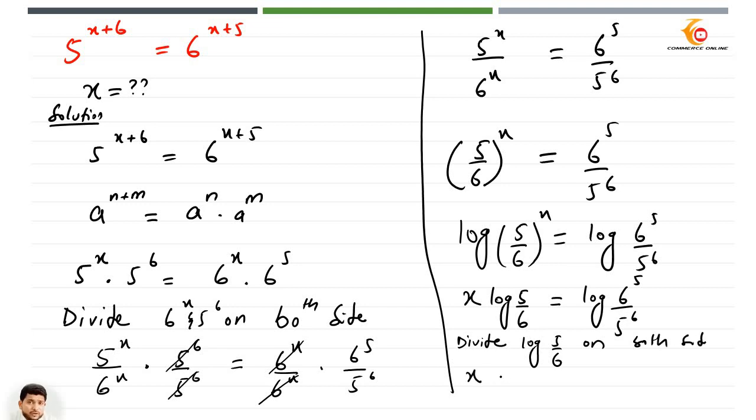So here I will get x log 5/6 divided by log 5/6 equals log of 6^5 over 5^6 divided by log 5/6. That will cancel both these values, and we're going to have x equals log of 6^5 over 5^6 divided by log 5/6. We're going to carry on this question on the next page.